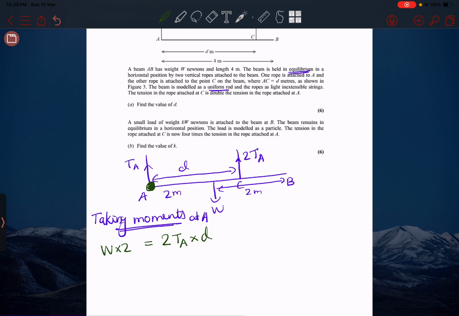Right, we've got a problem because again we are stuck with W. So that means we will have to resolve the forces up and down.